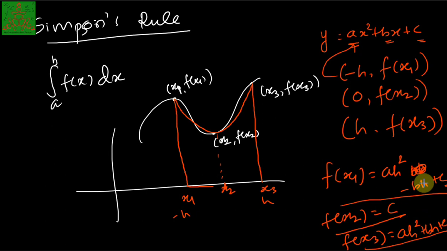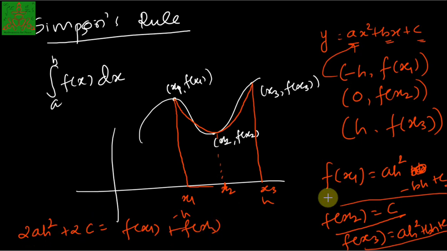If I add these two equations, then we will have 2ah square plus 2c equal to f of x1 plus f of x3. Since c is equal to f of x2, this implies the value of a is equal to f of x1 plus f of x3 minus 2 times f of x2, divided by 2h square.